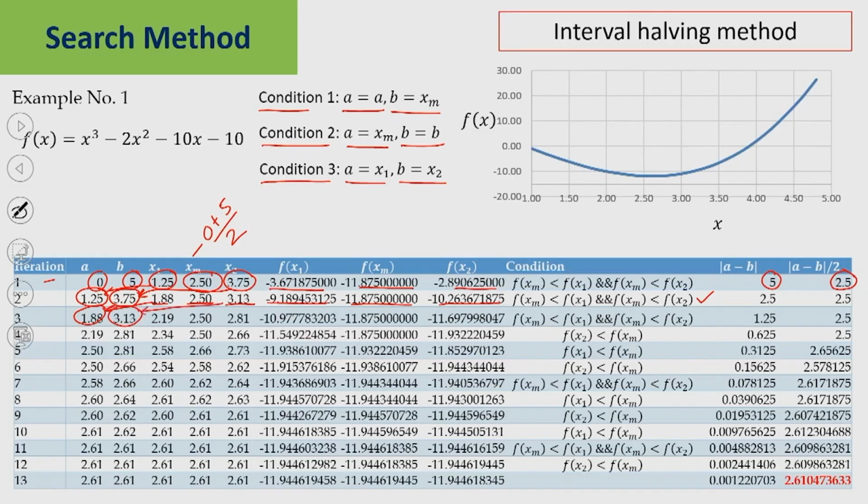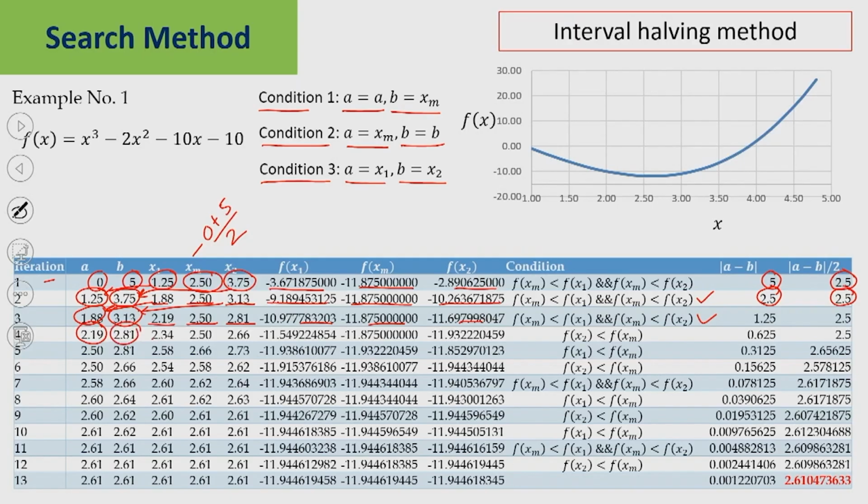Again you calculate the absolute value of A minus B and the optimal solution. In the third iteration again you calculate x 1, x m, x 2 and the function values and see which condition is true. In this case also the third condition is true, and accordingly you get the new A and B values.